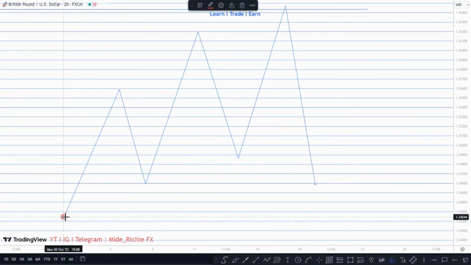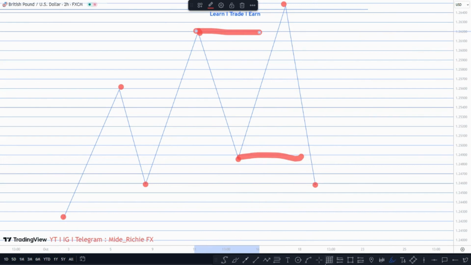We have a higher low, higher high, higher low, higher high, then we have a lower low, right? Why do I call this a lower low? Because this low is lower than this low. So now the market has turned from bullish structure to bearish structure. What do I mean by that?